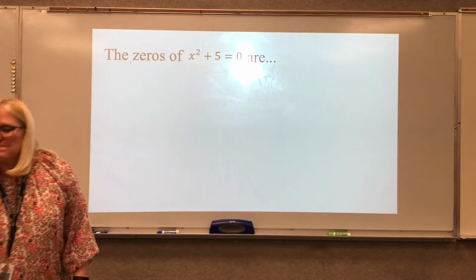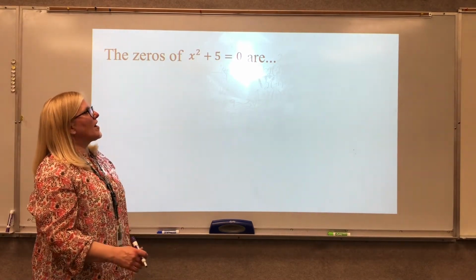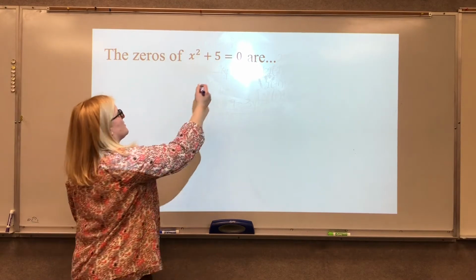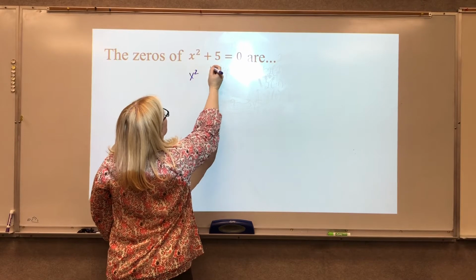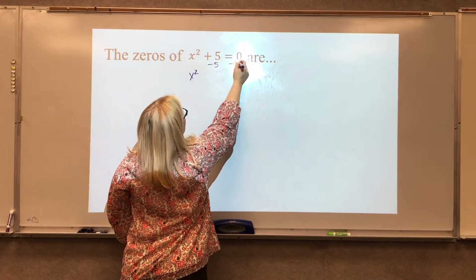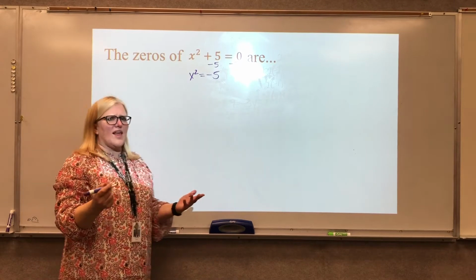Not too bad, though. So, for example, let's find the zeros of x squared plus 5 equals 0, okay? So I'm going to subtract 5 from both sides. So I have x squared equals negative 5. Well, I can't do that, right?